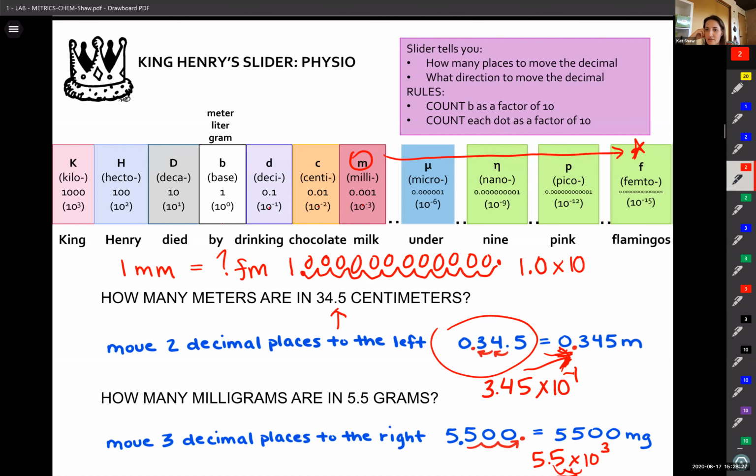And that would be 12. Should it be positive or negative? Well, what direction do we have to move this decimal point to get to this very large number that we have here? We would need to move it 12 places to the right, which would make this exponent positive along a number line rather than negative. So it should be 1 times 10 to the positive 12.